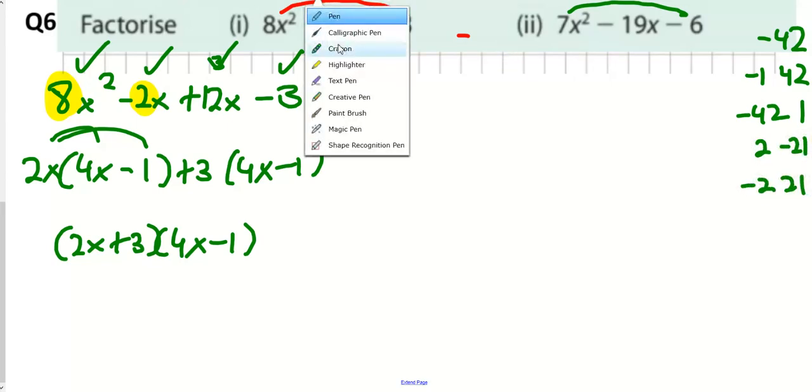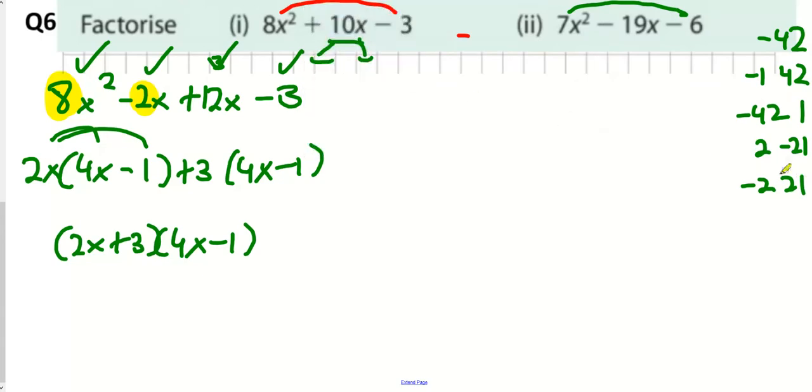I think I've hit lucky here already, because I think 2 and minus 21 is minus 19. Okay, so we're going to get 7x squared minus 21x plus 2x minus 6. Factorize out 7x because it divides into 7 and 21.